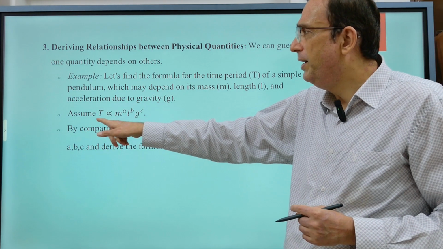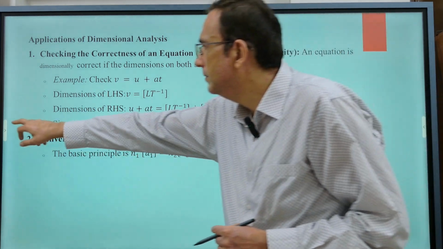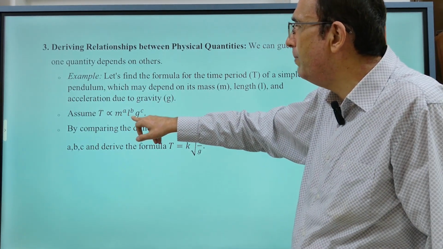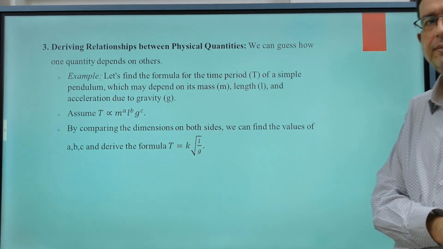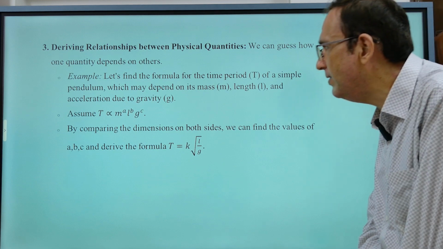Then let us assume T is m raised to power a, l raised to power b, and g raised to power c.